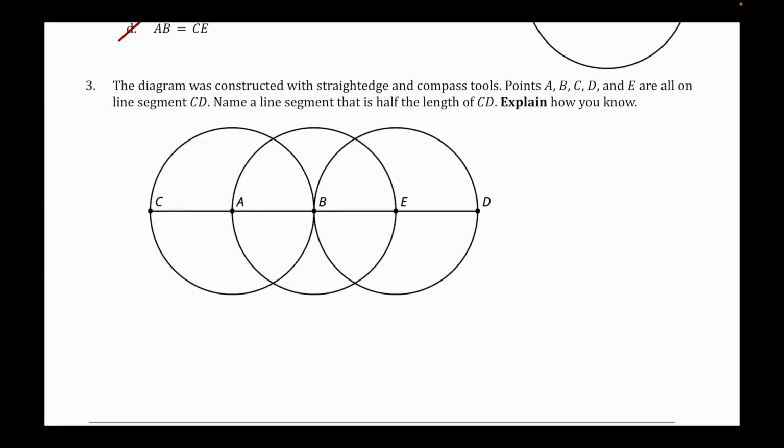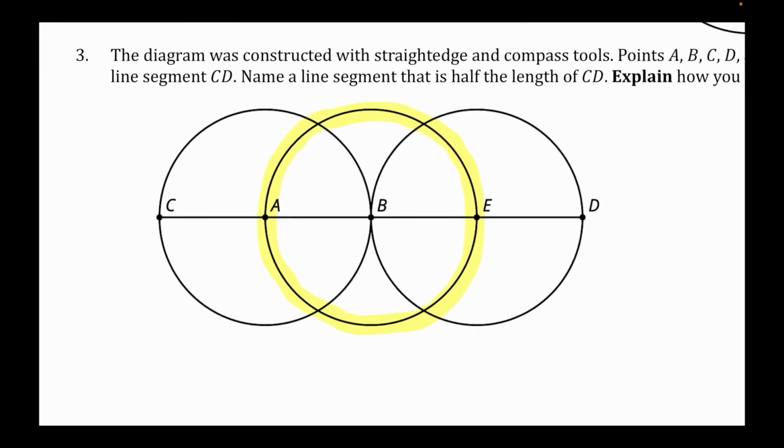So it appears that we have 3 circles here. And from the center of each circle to the edge is a consistent length, because I have this circle here centered at B that has that edge I just highlighted in yellow. So this has a consistent radius, and that distance is going to be AB.